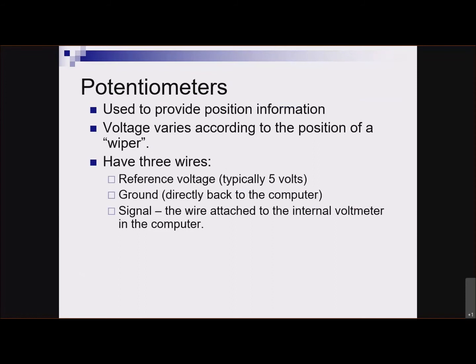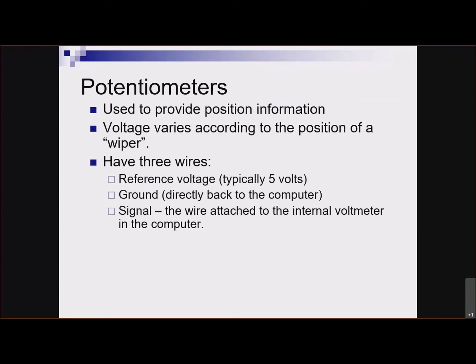And the ground going directly back to the computer, same idea. If you ran the ground wire to the engine block, and then from the engine block to the body sheet metal, and then from the body sheet metal back to the computer, any corrosion in those connections is going to reduce the voltage seen at the computer. So it's going to throw those sensor readings off.